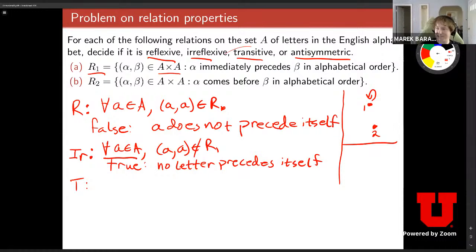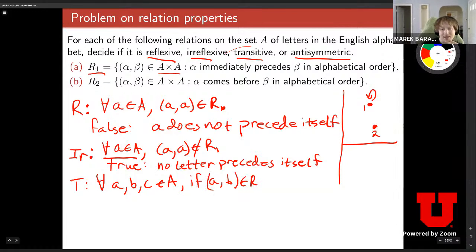Yeah, I saw someone give the definition of transitive. So for every A, B, and C in A, if A and B are in the relation, and B and C is in the relation, then AC is in the relation.